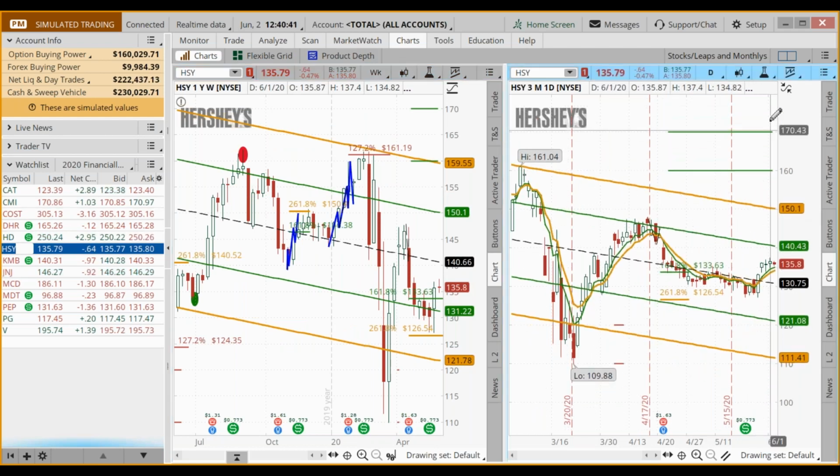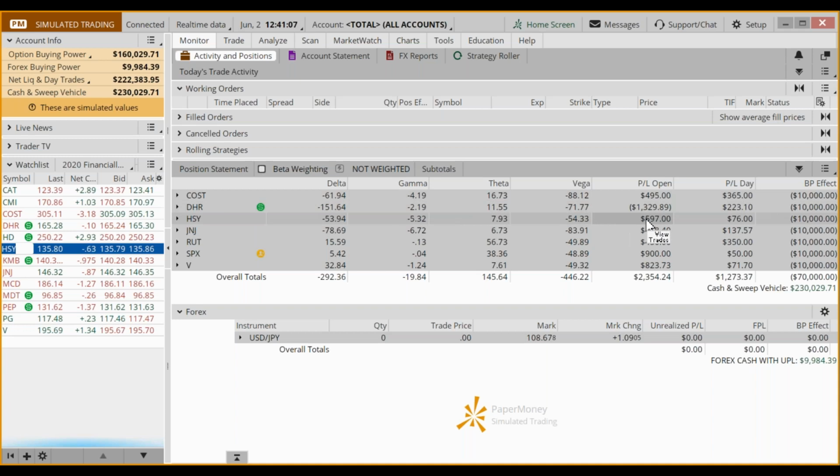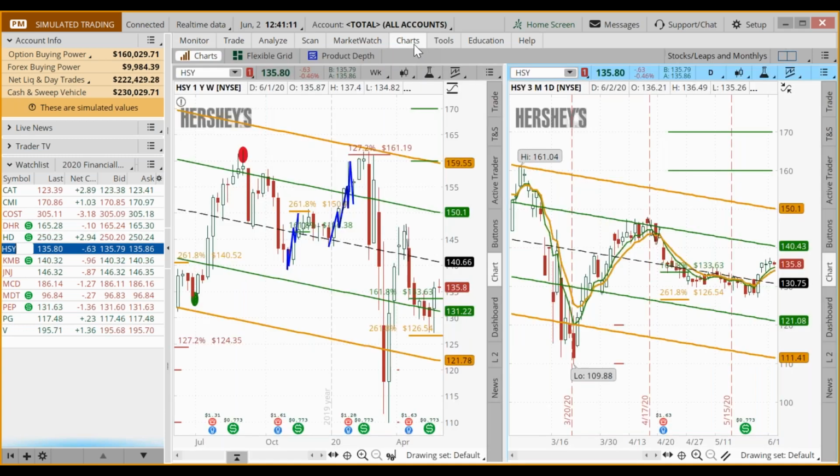Okay, see how far up we've got Hershey, and even though the 5 did cross over the 8, we came down to the 261 right here, but Hershey has been so weak that I'm giving it a little bit of time to show me some more weakness. And Hershey, we're up a good chunk of money, so why not let it work?